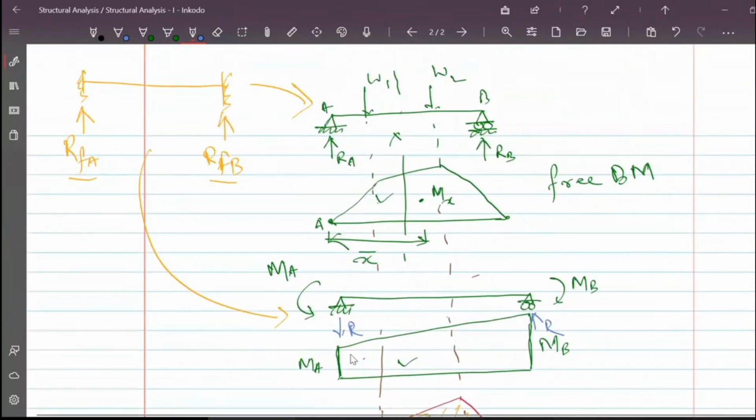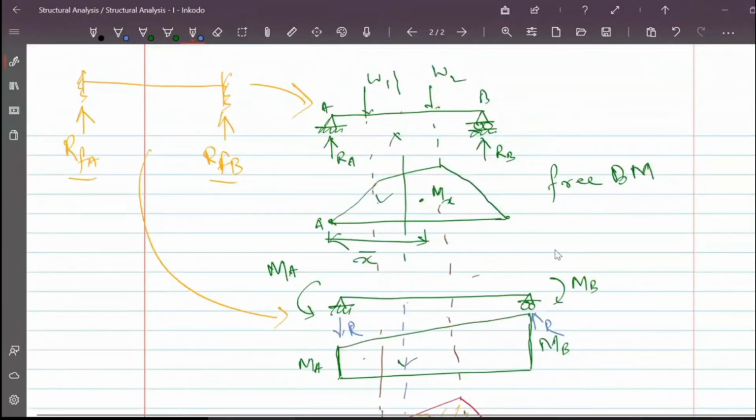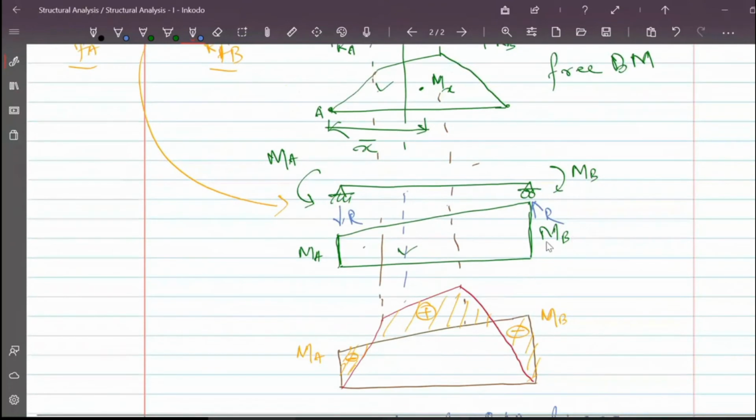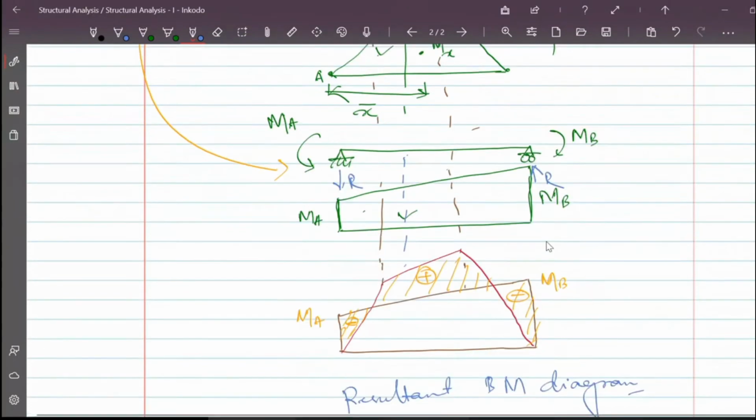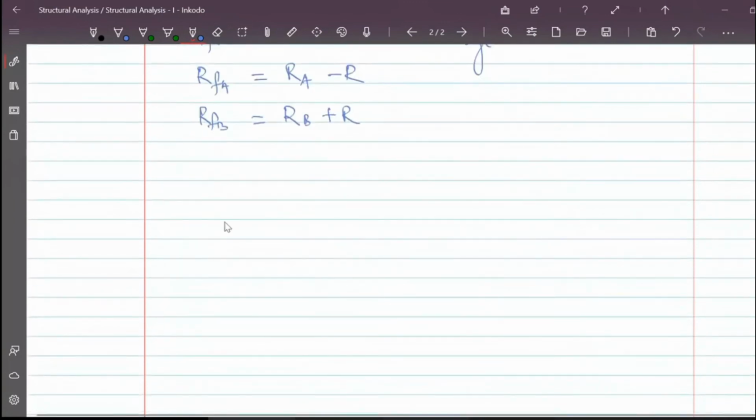Okay, now if I take any section on this free bending moment diagram and this fixed bending moment diagram, can I have this equation?